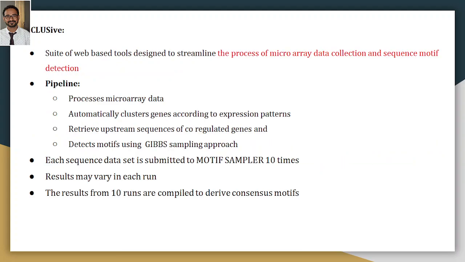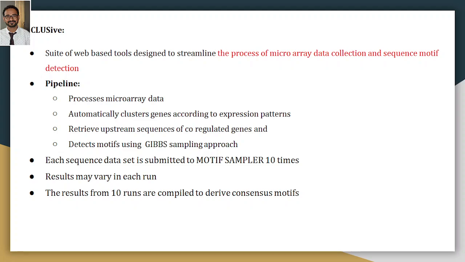Next, INCLUSive is again a web based tool designed to streamline the process of microarray data collection and sequence motif detection. Two things: microarray data collection we want, and sequence motif detection we want. Sequence motif means the short pieces of the proteins, and microarray data collection includes all possible information regarding introns, exons, coding regions, non-coding regions, all those things.